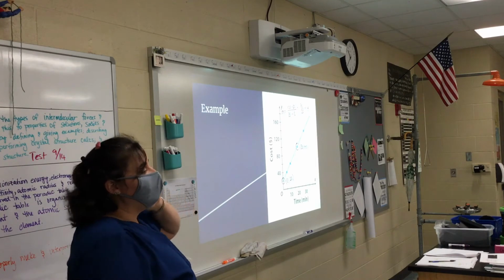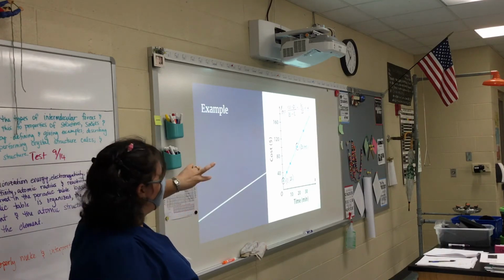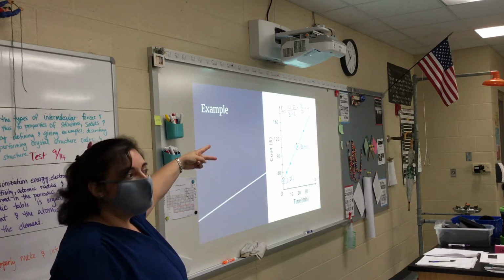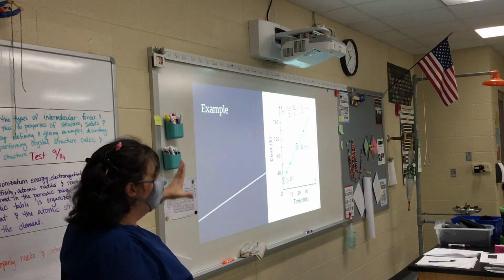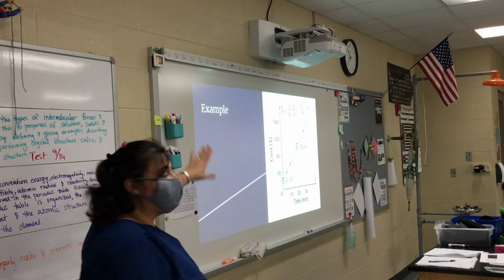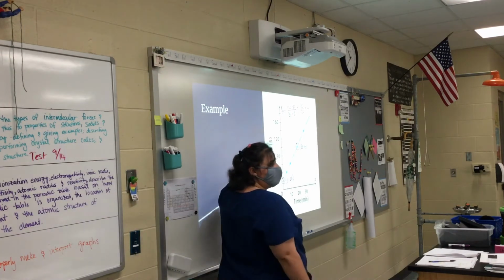Okay. A very common mistake that I see is that students will flip it. You'll get 20 over 80. Be careful, because it's always the vertical axis over the horizontal axis. Do you have any questions about how I did that?